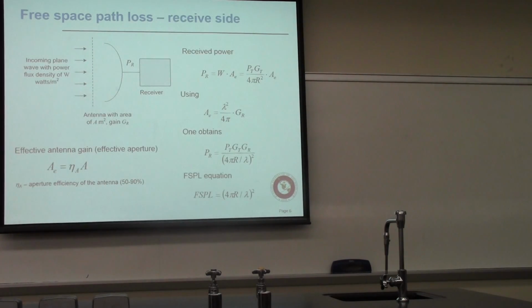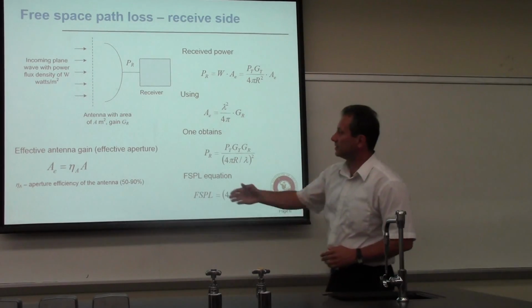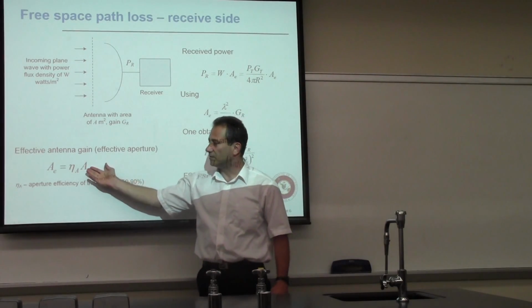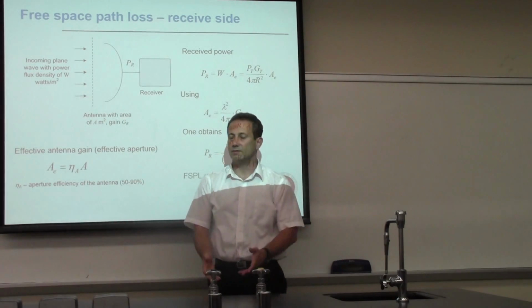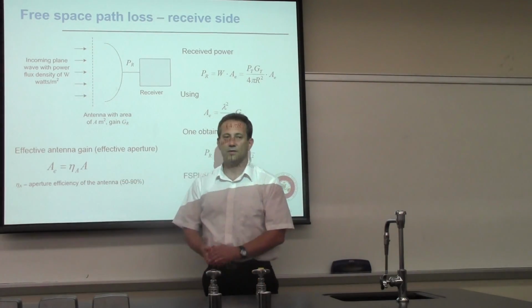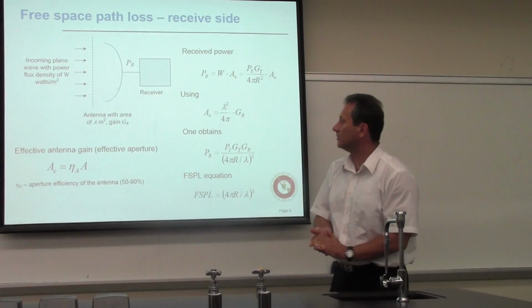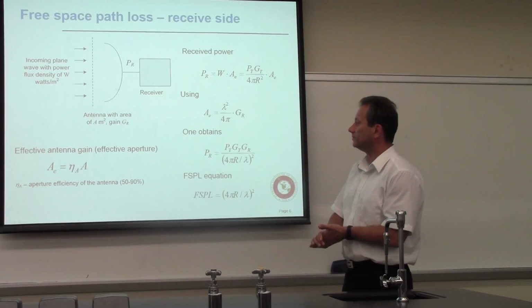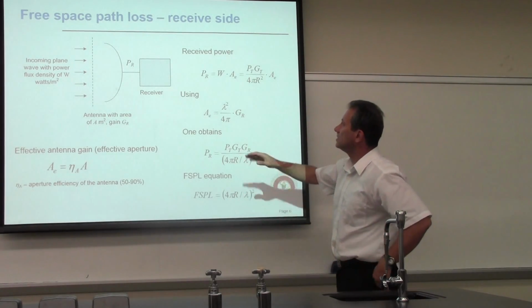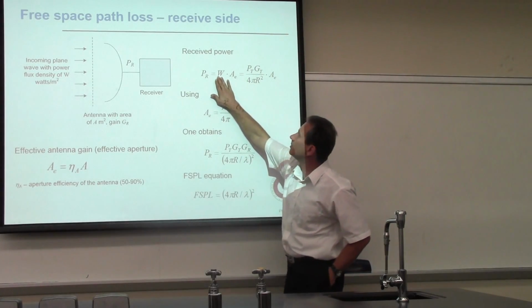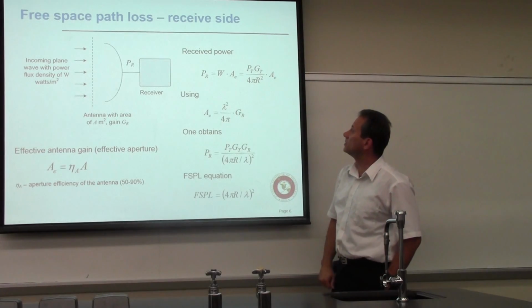The receive antenna is characterized by its effective aperture. Effective aperture is given as a product of the actual physical area of the antenna times some sort of efficiency that tells us the relationship between the physical size of the antenna and its electrical size. And the received power is going to be the product of the power flux density and effective aperture.